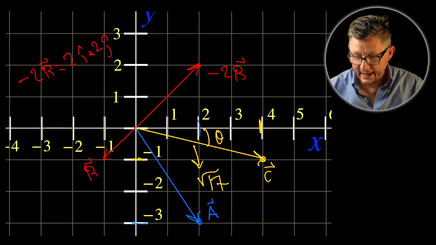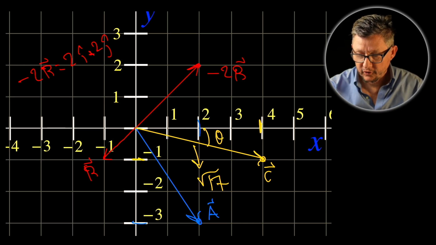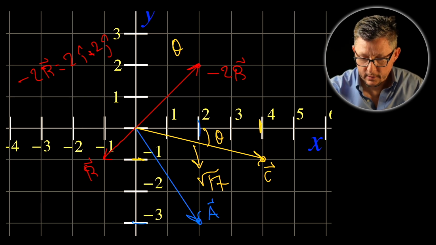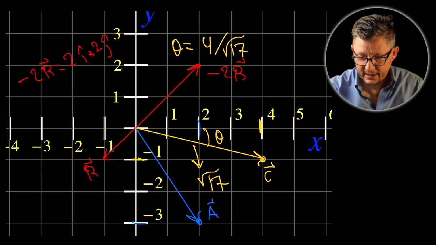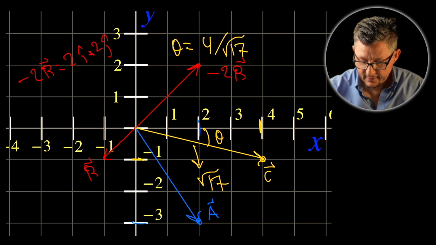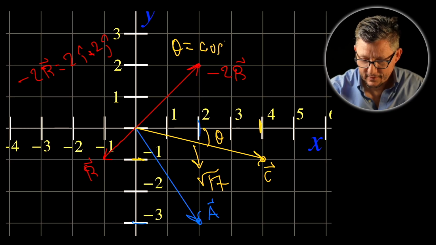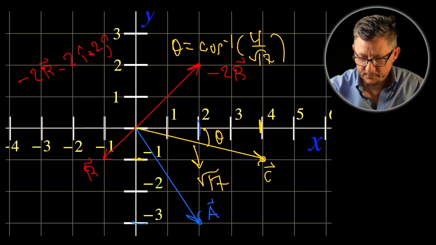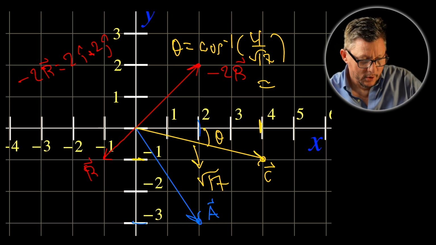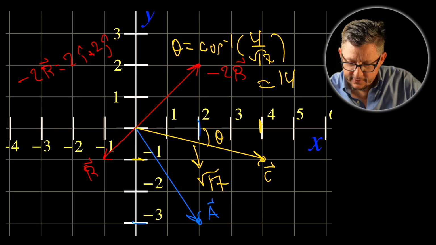We could find this angle theta by looking at the inverse cosine of 4 divided by square root of 17. Let's take the inverse cosine of this, and you get an angle which is about 14 degrees.